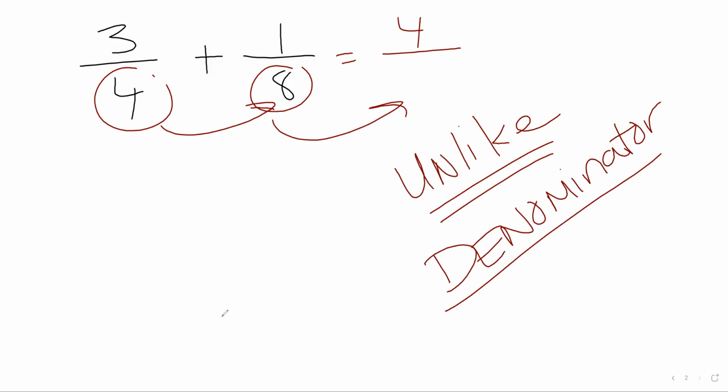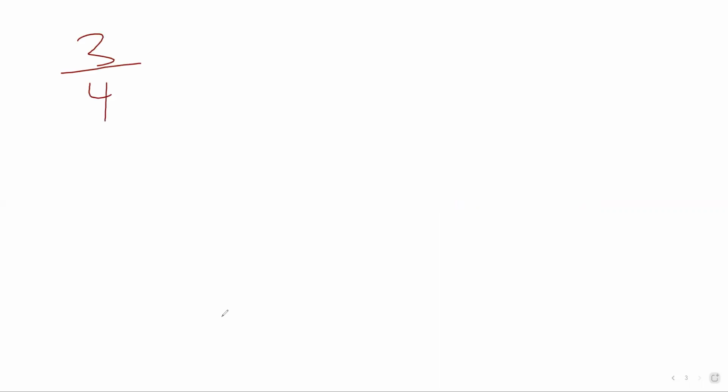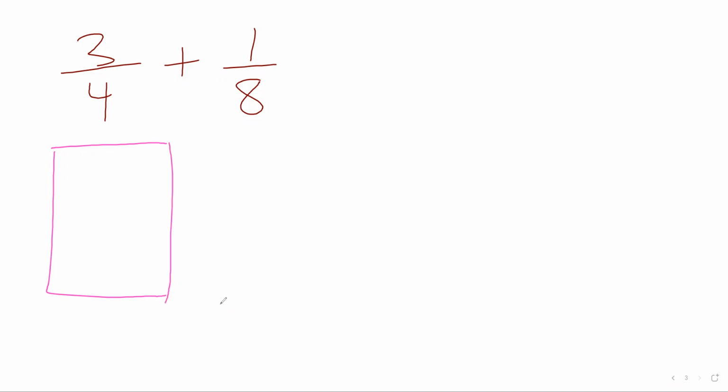So let's play with this. I'm going to move over to this one and we have 3/4 and we're going to add 1/8. What can definitely help me is to think about how one could model this. So I'm going to start here with a model, and I'm going to cut it into 4 pieces.